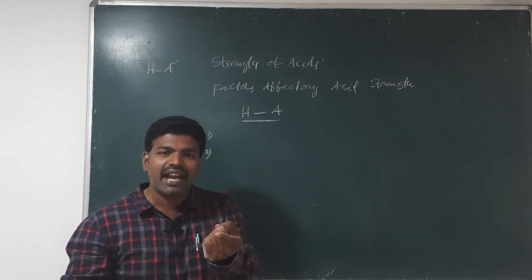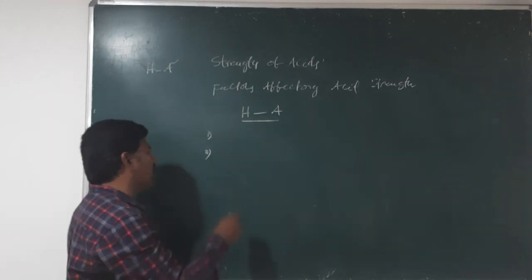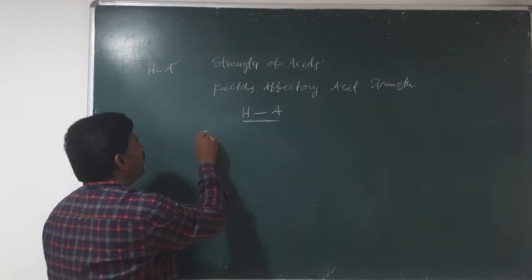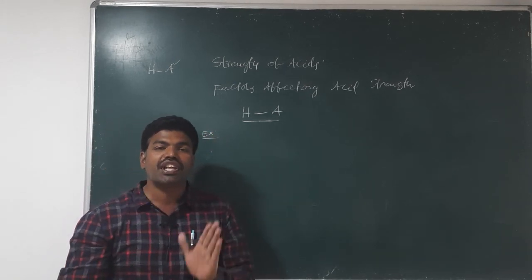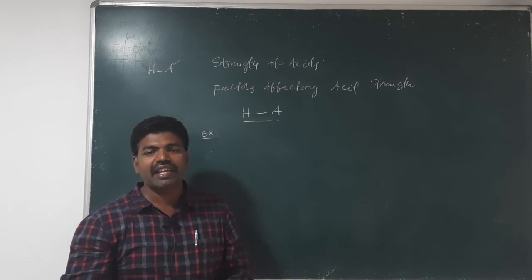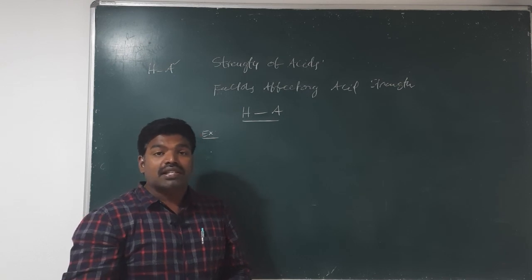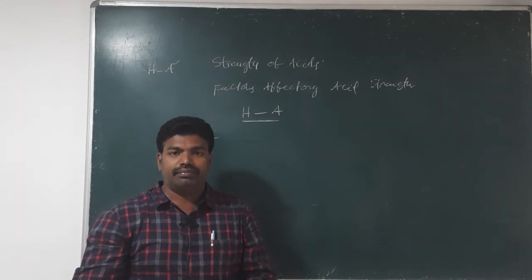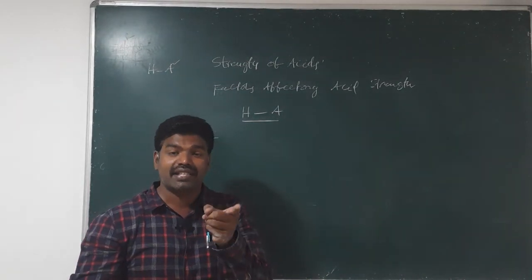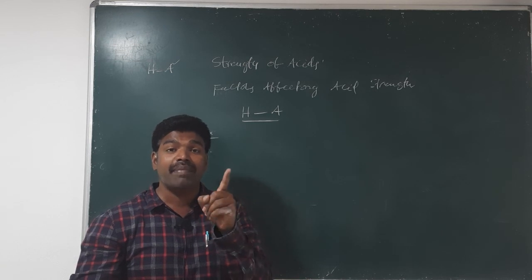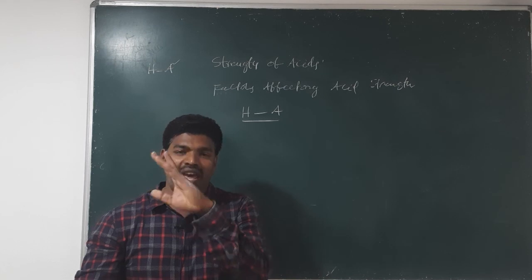You can understand this with examples. Example 1: when we compare the elements of the same group in the periodic table, the strength of the bond is a major factor in deciding the acid strength, more than the polarity.